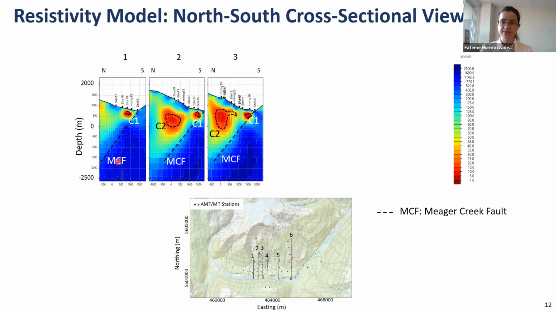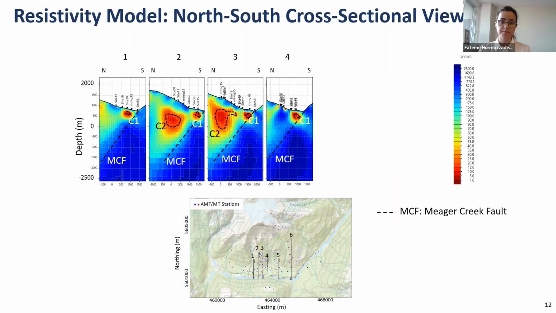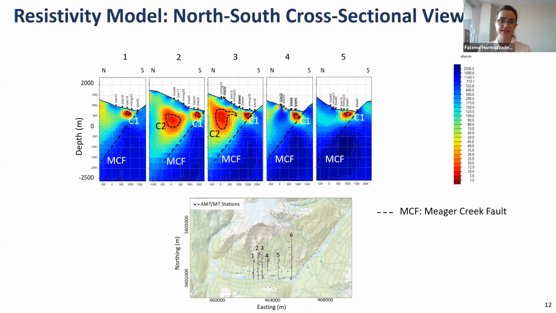So most of the structures in profile 2 and 3 are the same, which makes sense because of the dense profiles that are showing here. So we also see the Meager Creek fault here and the relationship of that with the distribution of C1. And we go further to the next slices.